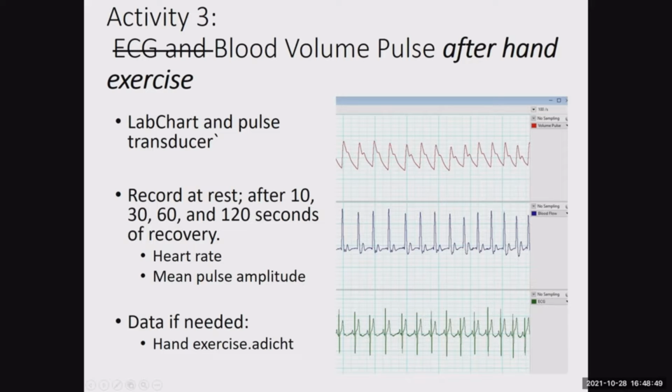Then when you've got some good measurements, stop the system and allow the subject to exercise their hand, basically squeezing their hand for a period of time. When they're done exercising, come back, start the recording, and take measurements of heart rate and mean pulse amplitude at 10 seconds, 30, 60, and 120 seconds of recovery. Again, if there are problems with the system, we have mock data available.